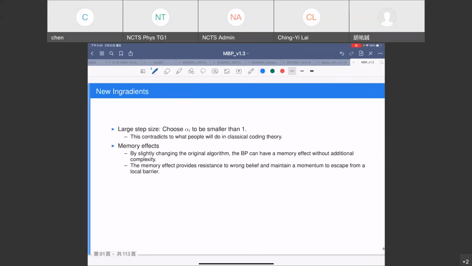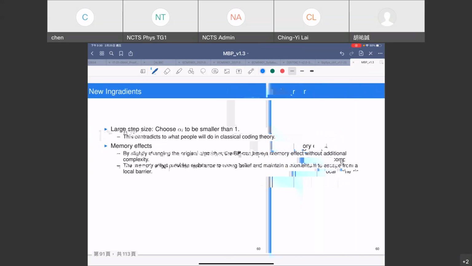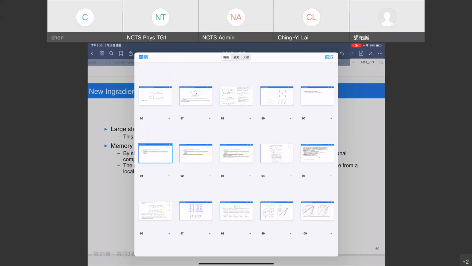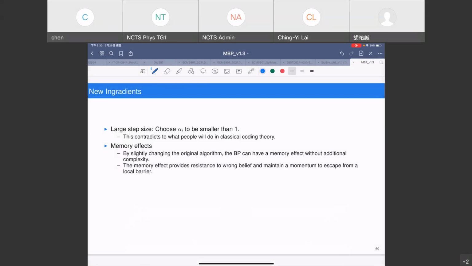So here we introduce another idea called the memory effect. We do the mathematical analysis of the algorithms, and there is a very subtle thing in the algorithm. We can show that our algorithm has some memory, or you can call it a momentum, something like that.